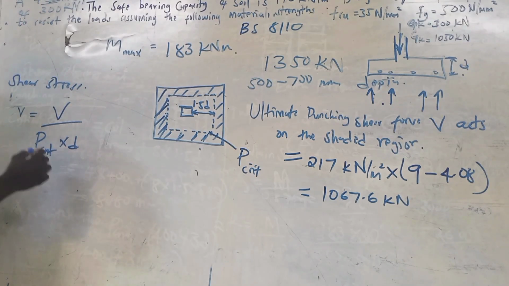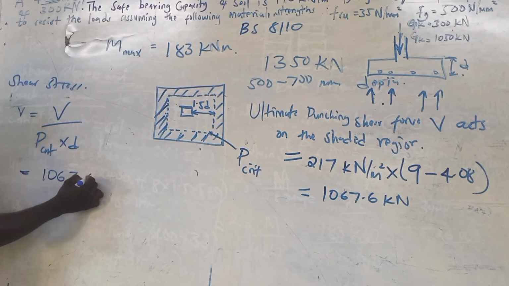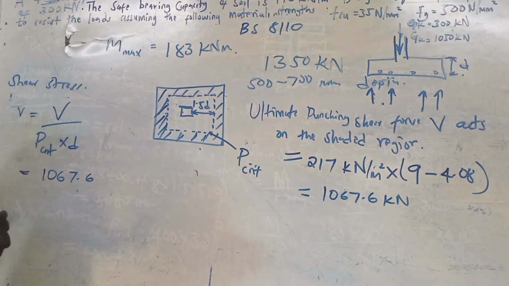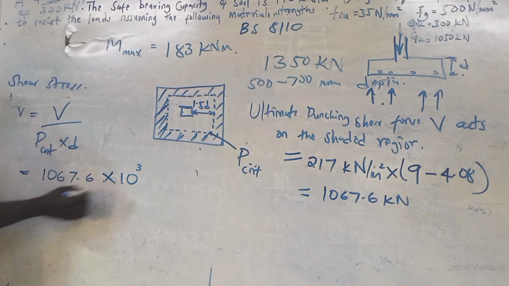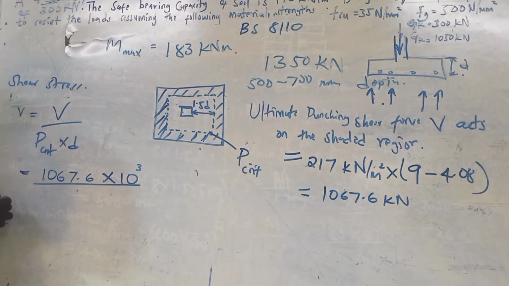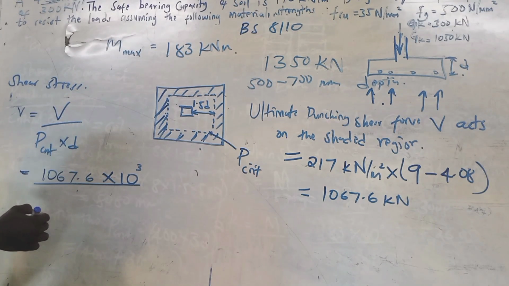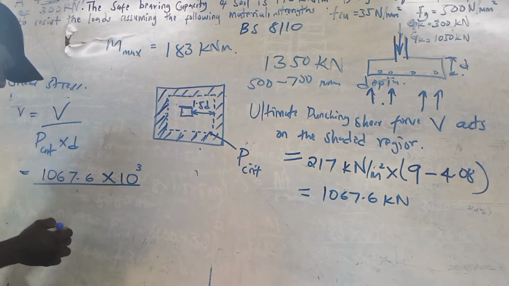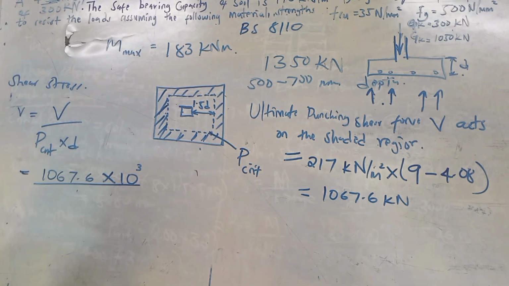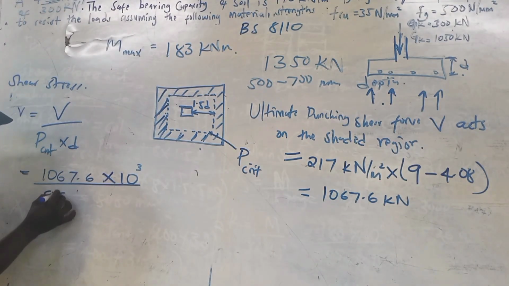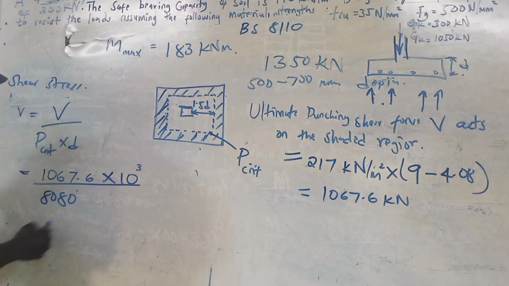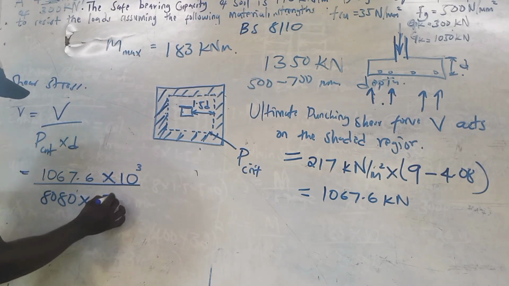At this point, substitute to get 1067.6 kilonewtons times 10 raised to power 3 to make it a newton, divided by the critical perimeter, which we found to be 80, okay, millimeters by effective depth 540.